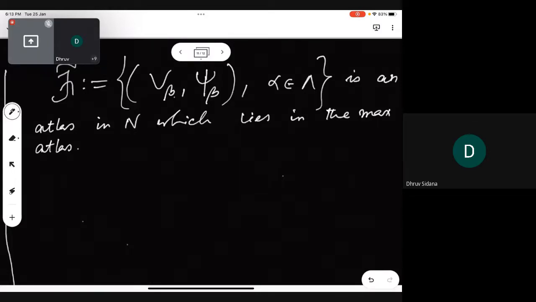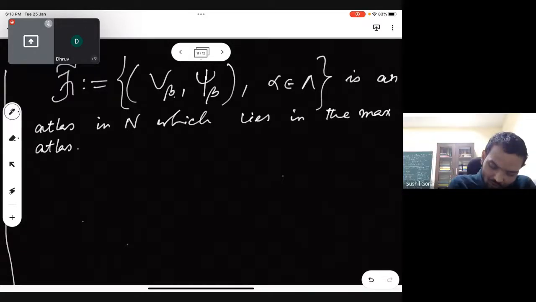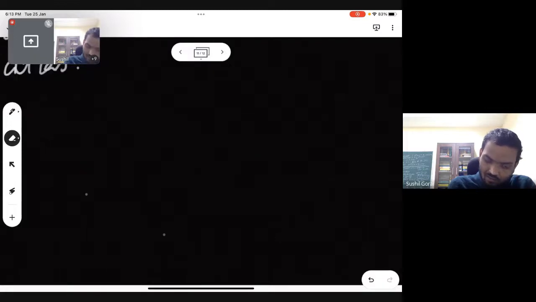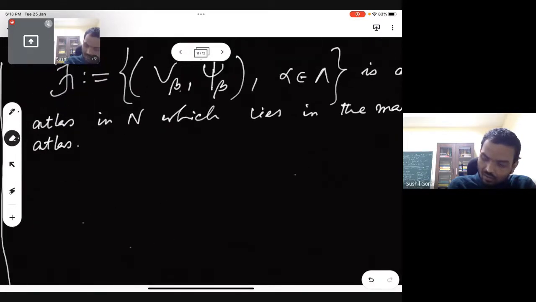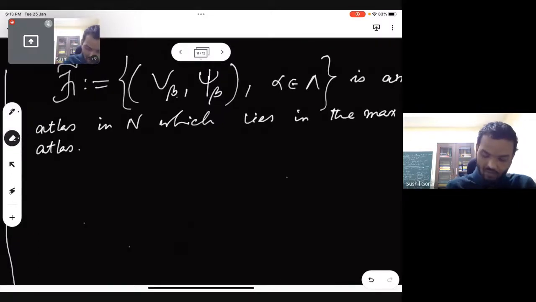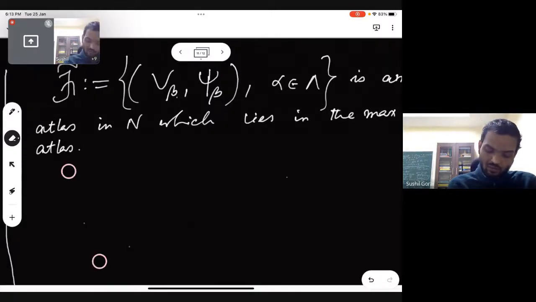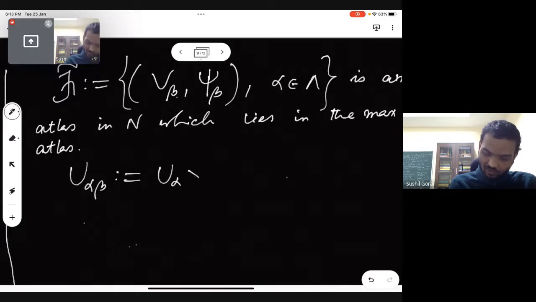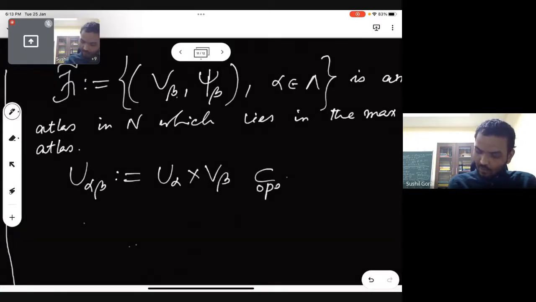So look at the open set U alpha beta equal to U alpha cross V beta. This is open in M cross N in the product topology.